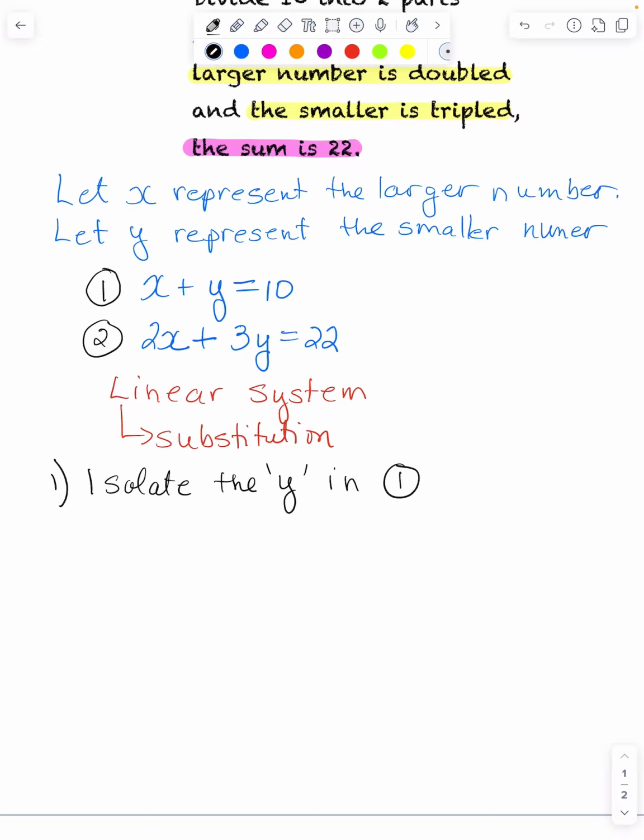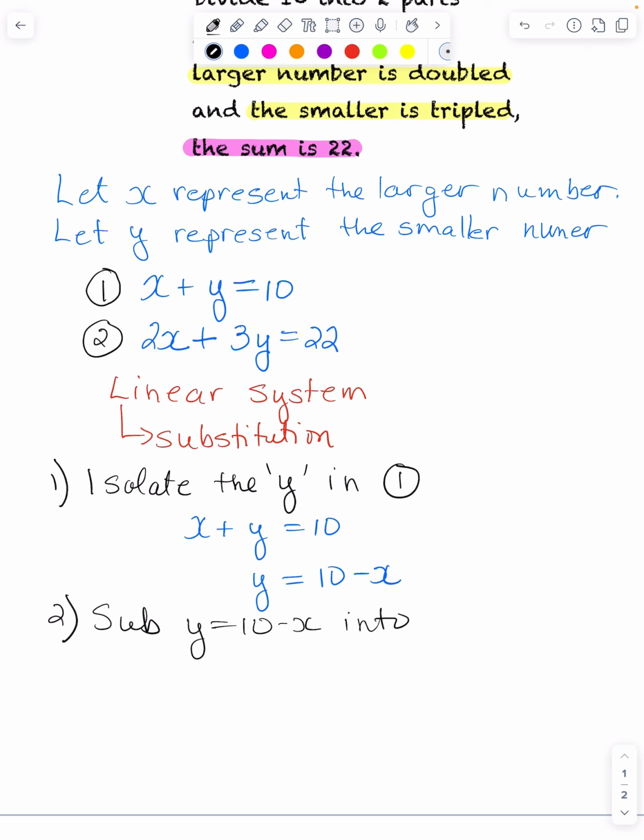So x plus y equals 10. To isolate the y, I'm going to subtract x from both sides, and I'm going to have y equals 10 minus x.